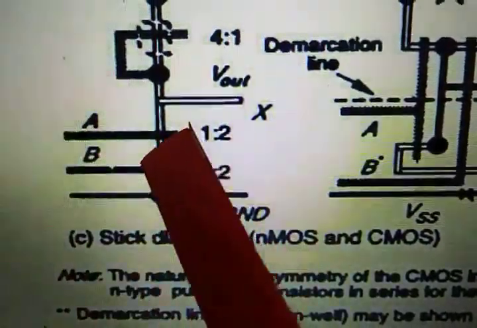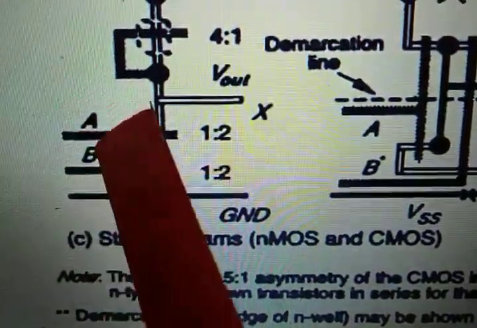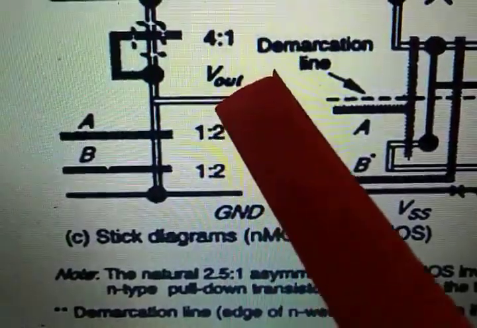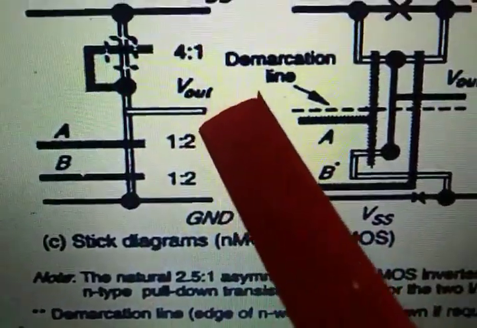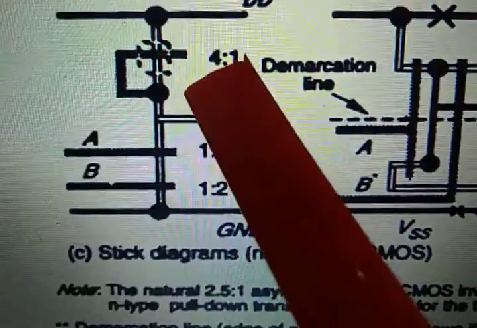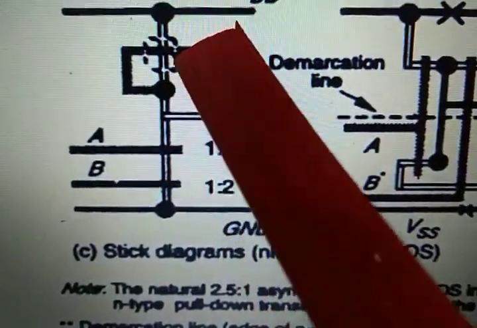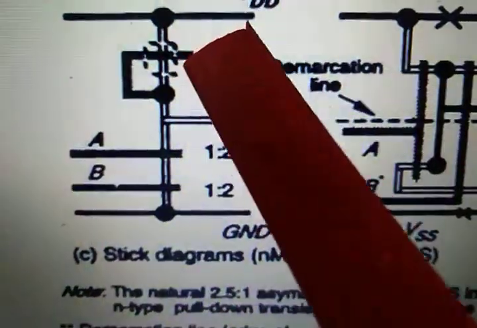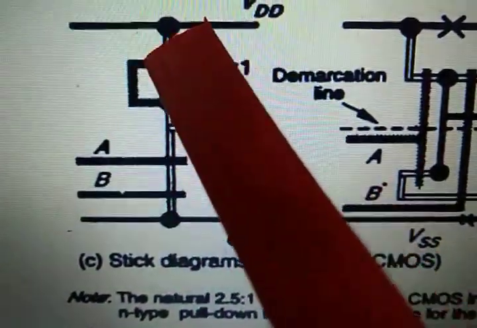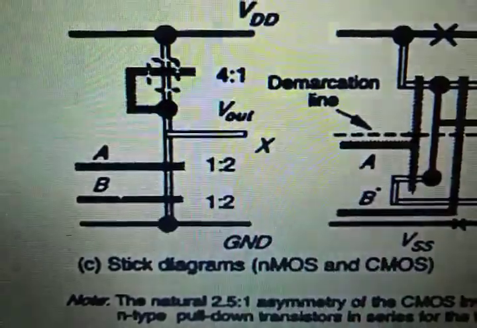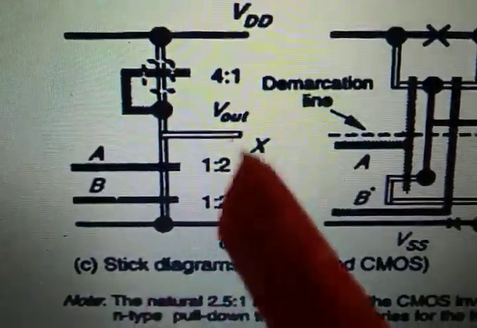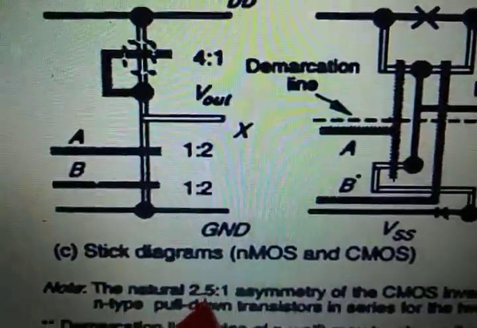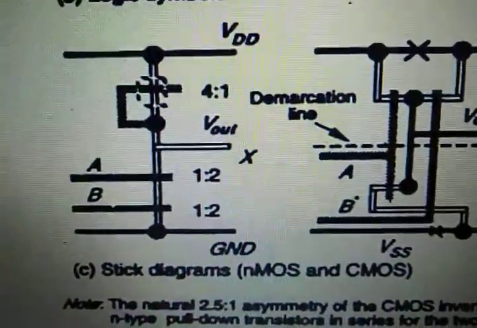This line is polysilicon, and A and B are polysilicon. The output you may consider polysilicon, or you may consider this one blue, V out. The dotted one is an implant, and we mention the implant in yellow color. This line is polysilicon, because if polysilicon cuts the diffusion it forms a transistor, isn't it? So this is the stick diagram for the NMOS.